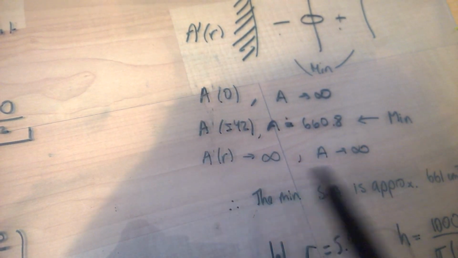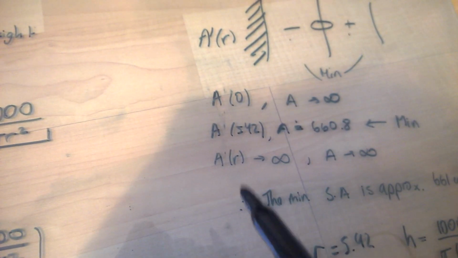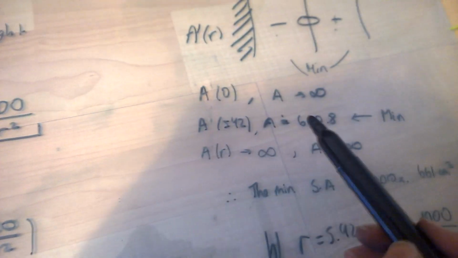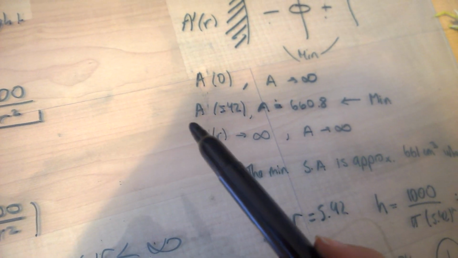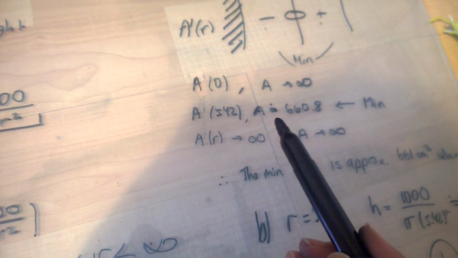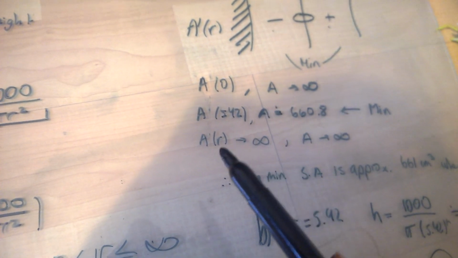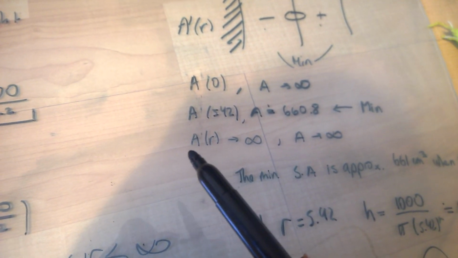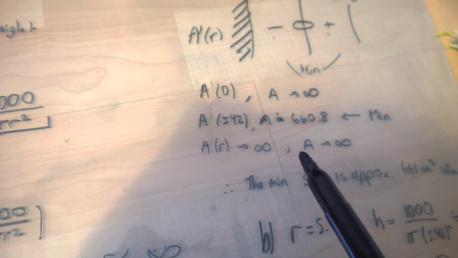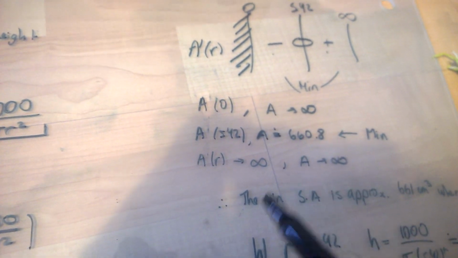And if we actually analyze those values, we get that as r approaches 0, the area is approaching infinity. At r equals 5.42, the area is approximately equal to 660.8, and when r is approaching infinity, the area is approaching infinity as well.